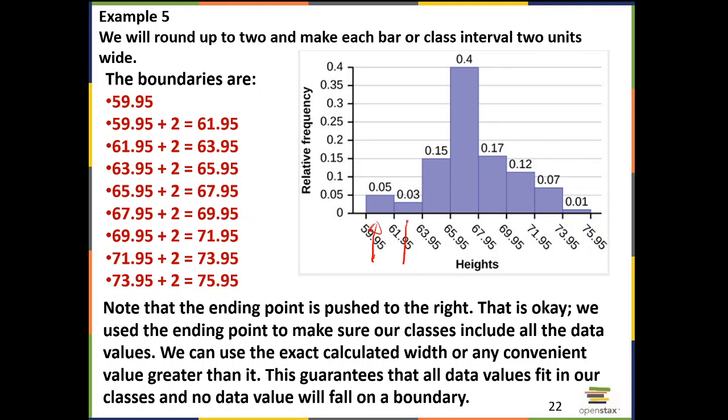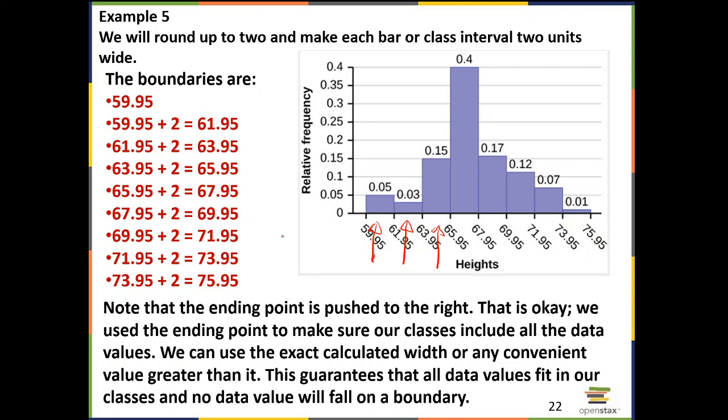The height of the bars could be the percentage of numbers that are in each class, or it could be the total number of numbers in each class. So the height of the bars could be percentages or raw numbers, and we're going to look at both.